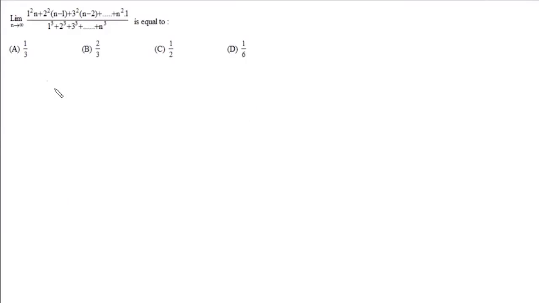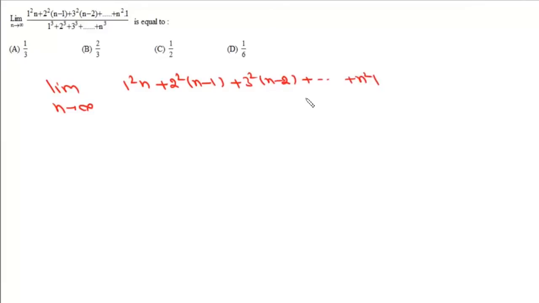Now here the question is, we need to find this limit n tends to infinite, 1 square n plus 2 square n minus 1 plus 3 square n minus 2 up to n square 1, upon 1 cube plus 2 cube up to n cube.